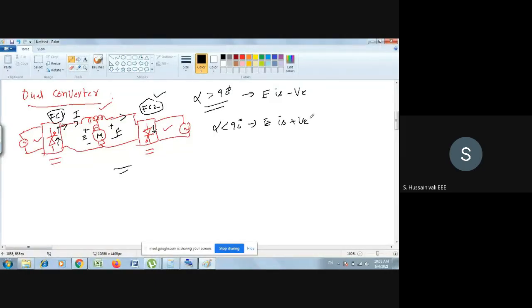So then, what does the ideal dual converter do? In the ideal dual converter, we consider that this firing angle is alpha 1, whereas this firing angle is alpha 2.